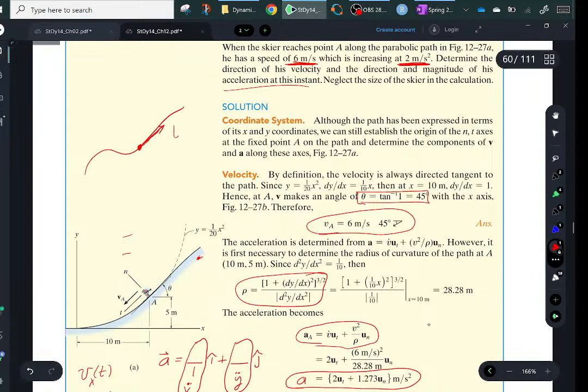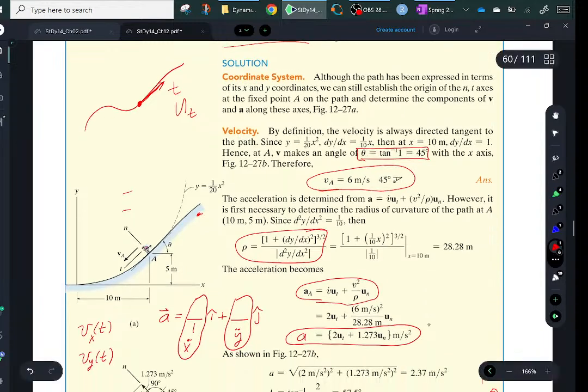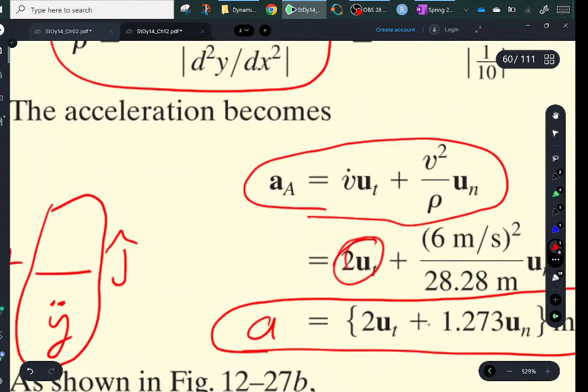So you got the tangent going that direction, or U tangent. Okay, if you're speeding up or slowing down, you're changing the velocity along the path. And so that means the 2 goes on top of this. So this is the amount that you're speeding up.